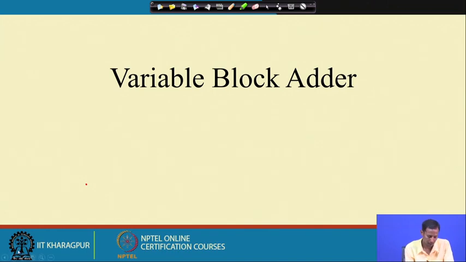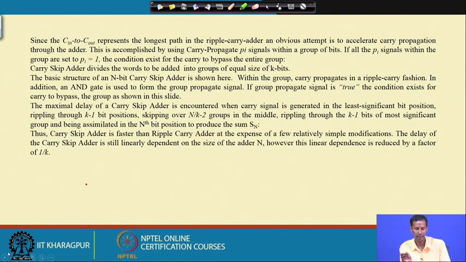In the previous slide, you see the maximal delay of the carry skip adder is encountered when the carry signal is generated in the LSB bit position. Then it has to ripple through k minus 1 bit positions, skip over n minus k by 2 groups in the middle, ripple through k minus 1 bits of the MSB group, and be assimilated in the nth bit position to produce the final sum.